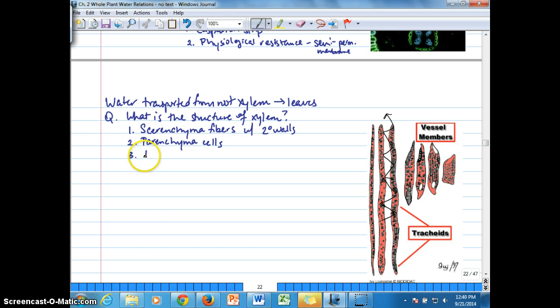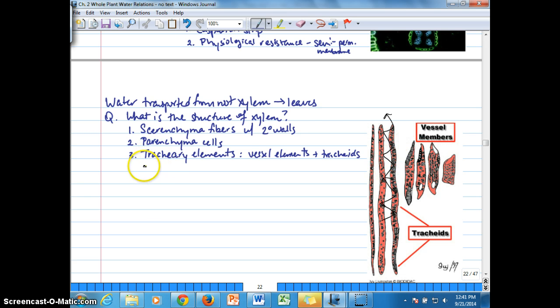And then the component that we're going to spend the most time talking about are the tracheary elements, which are vessel elements or members plus tracheids. And that's what we're looking at in the diagrams over here on the right.